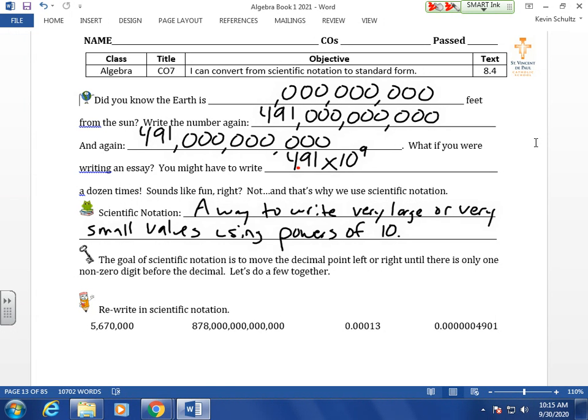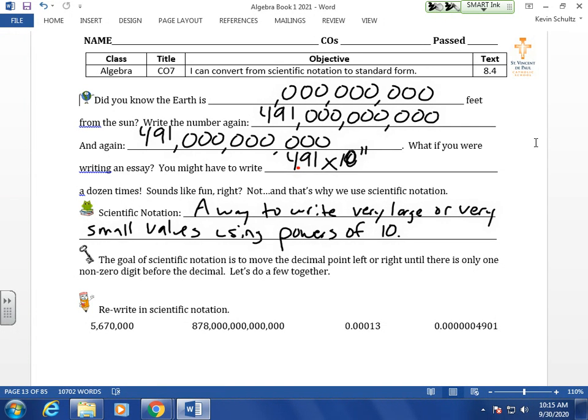We got this 9 from our 9 zeros, because we moved 2 more numbers over, the 1 and the 9, that's a total of 11 placeholders we need to account for. The 9, the 1, and then the 9 zeros. So scientific notation, you can write this down now, would be 4.91 times 10 to the 11th power. All those zeros, and then those 2 non-zero digits that we had to move over as well.